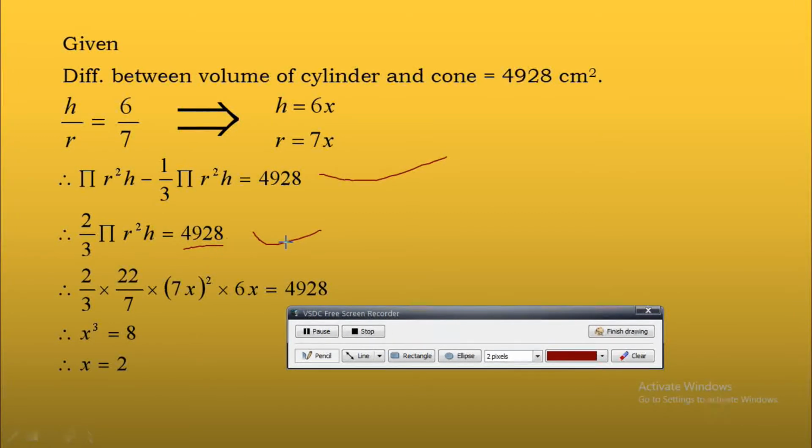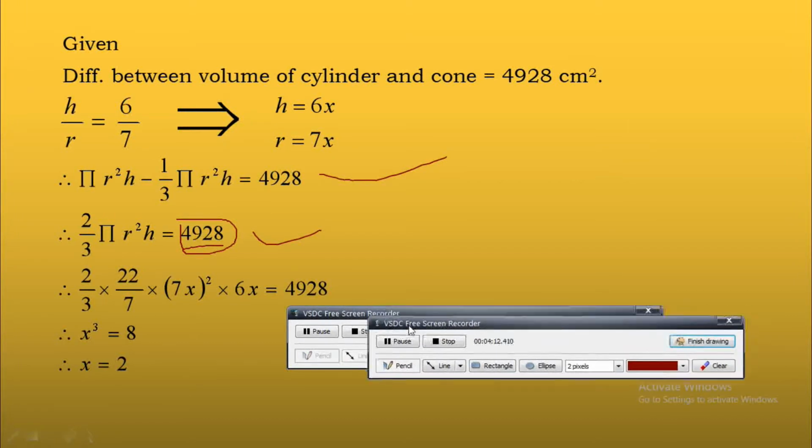If we see this number 4928, it is divisible by 7, as 49 is divisible by 7 and 28 is divisible by 7, so the entire number should be divisible by 7.